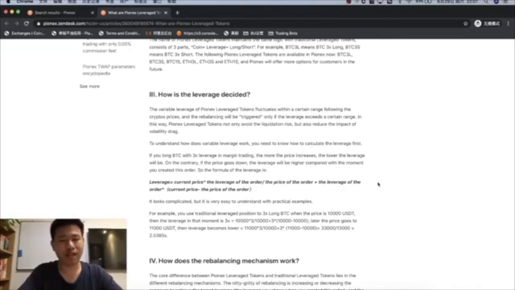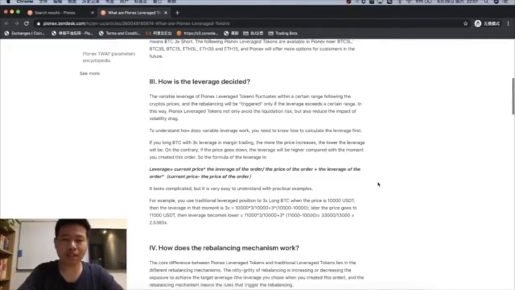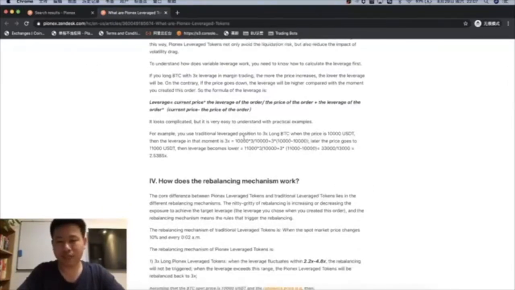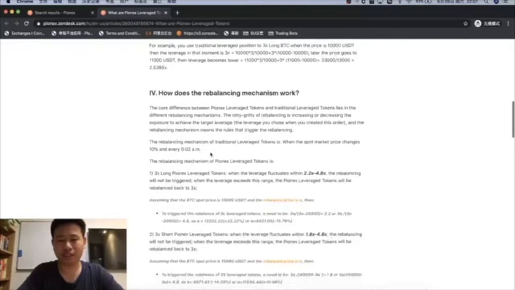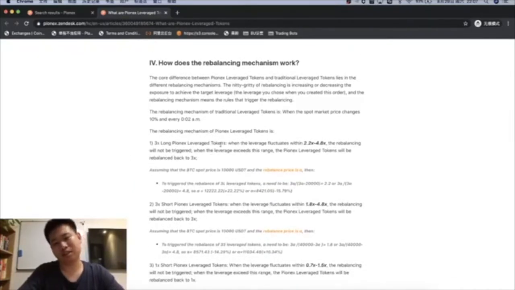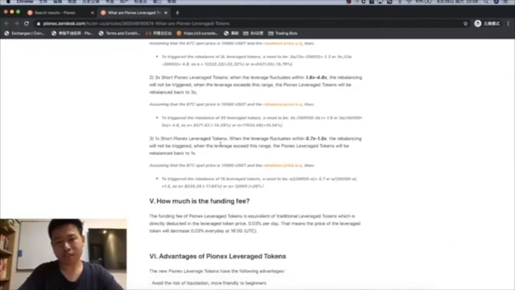Most of the 3S tokens have been reverse split, and some people don't understand what a reverse split is, and they think their assets have gone, but actually your balance is the same as before the reverse split.